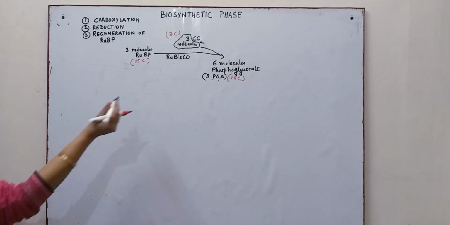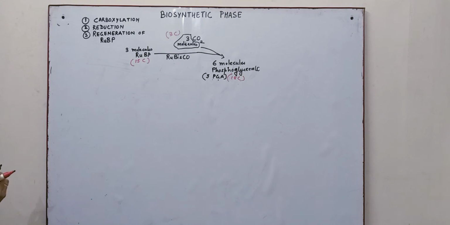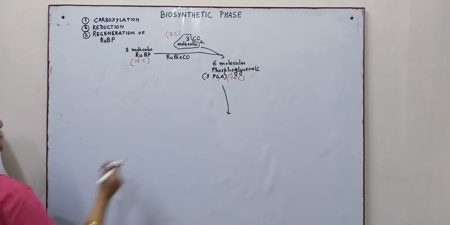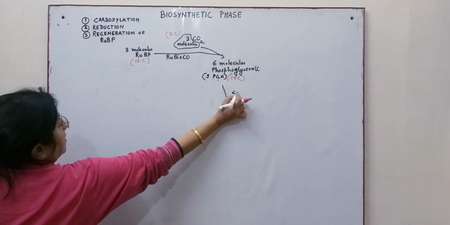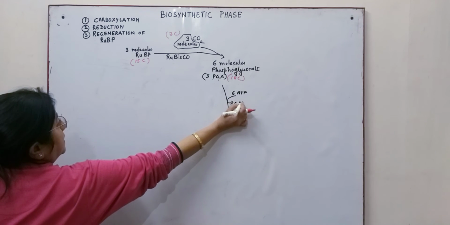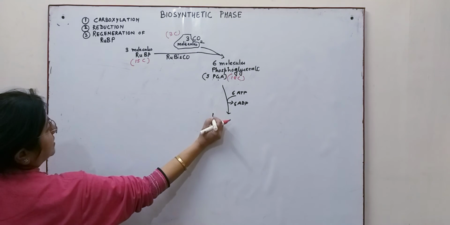Now this PGA has phosphate at 3 carbon, and it undergoes phosphorylation. There are 6 PGAs, so 6 ATP will be required for this, and 6 ADP will be produced, resulting in the formation of 1,3-diphosphoglycerate.